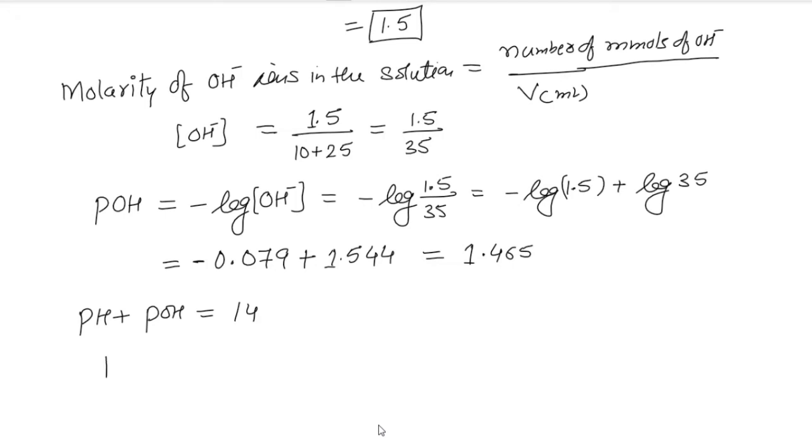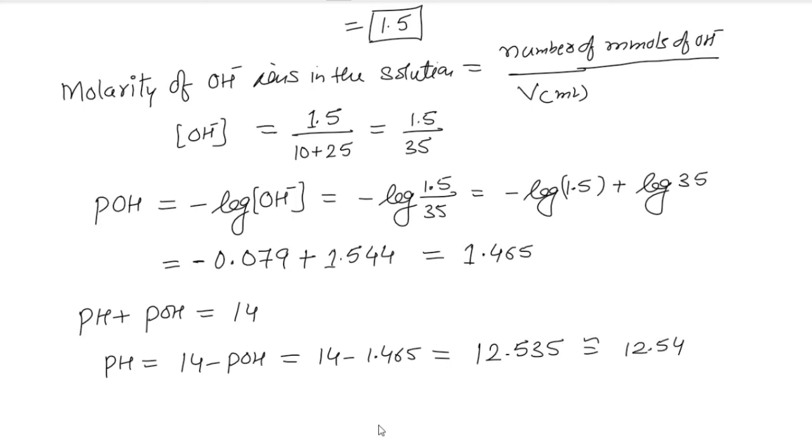So pH comes out to be 14 minus pOH, so 14 minus 1.465, which comes out to be 12.535, or you can write it as 12.54. So this is the pH of the resulting solution.